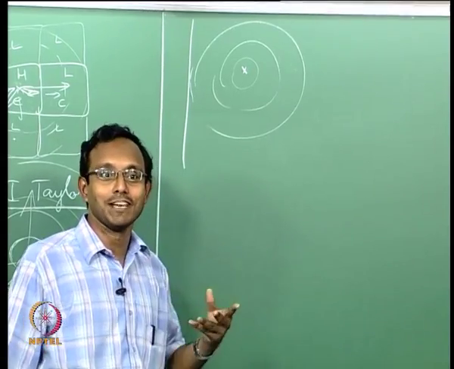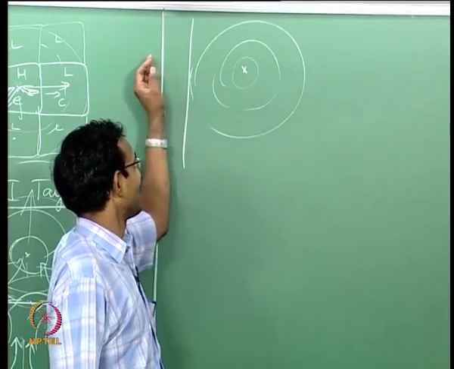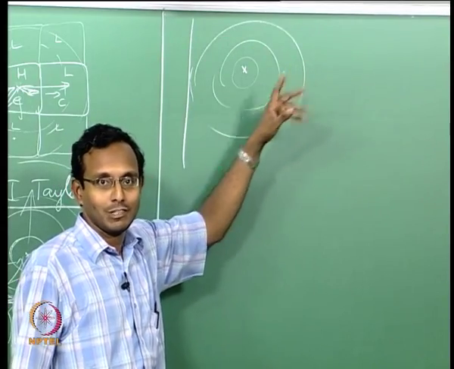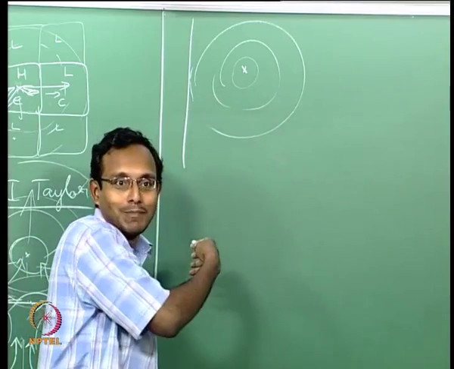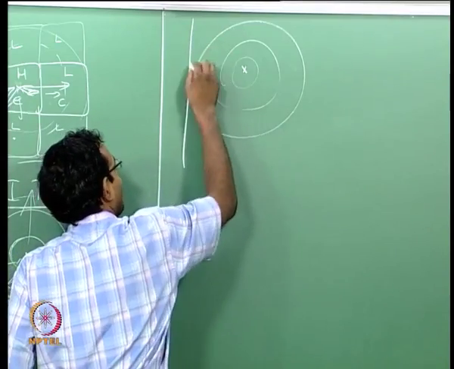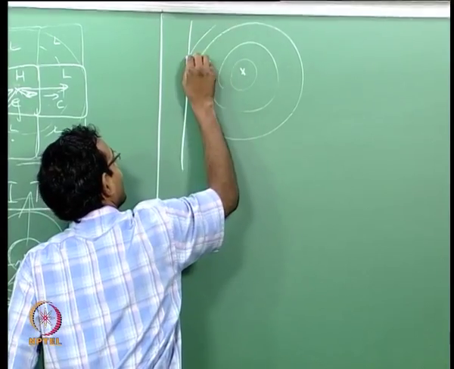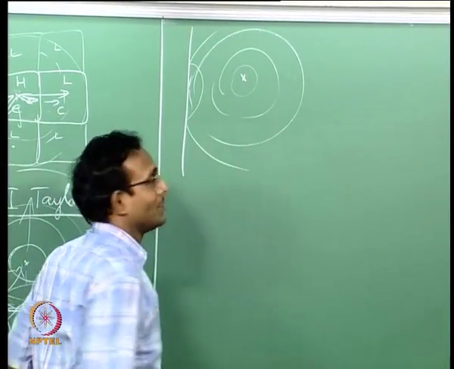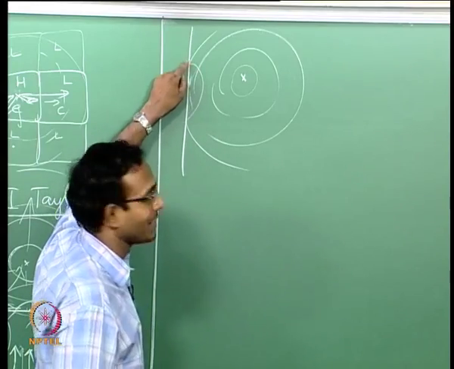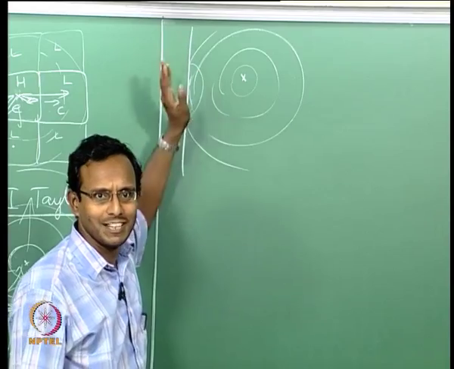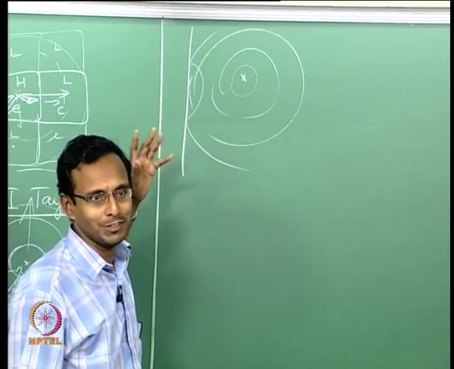That is a nice way of thinking about it, other than just saying this goes and reflects and comes back. You can think of it two ways. I can now say if it is a compression wave, I already talked about the blast problem. So if it is a compression wave, then it will bounce off like this, it will bounce off like this. This I will call as a new wave created by this wall. That is a nice way of thinking about it, easy way to think about it.